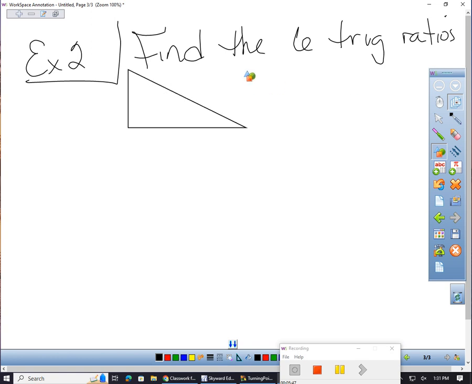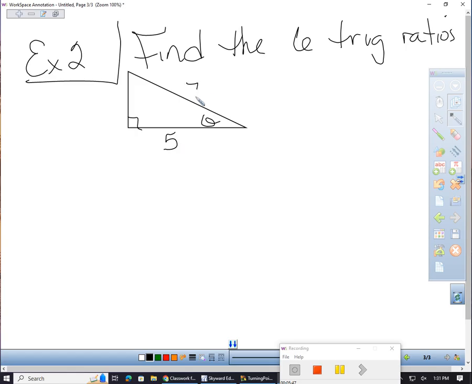That looks good. Okay. Again, here's my right angle, here's my theta. But what if I only had, let's say, 5 and 7 written here? Can I write my trig ratios right now? We have to find the other side. And how do we go about doing that, Isaac?